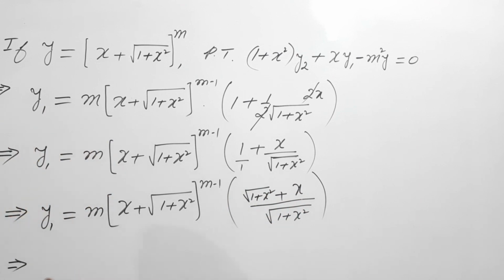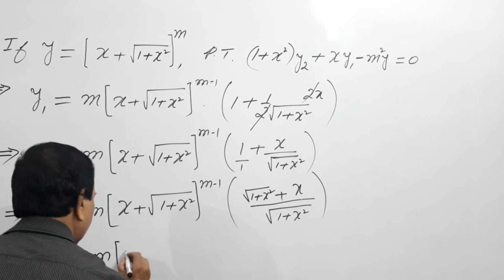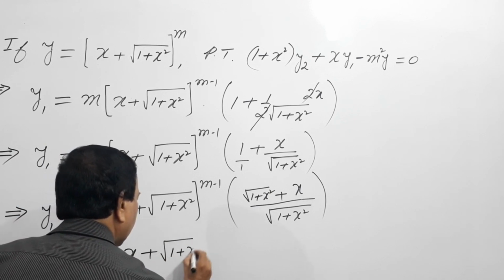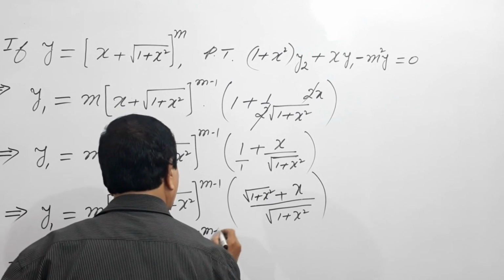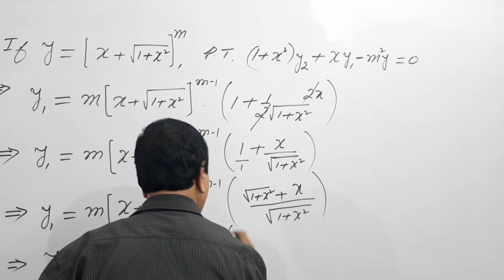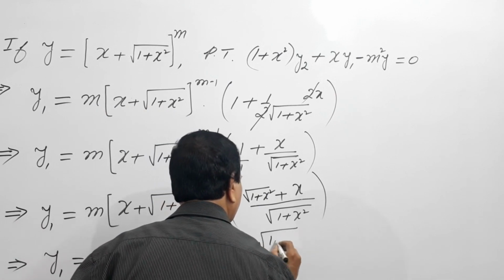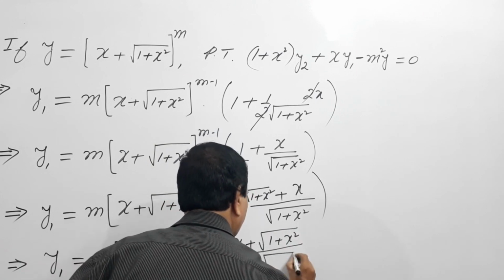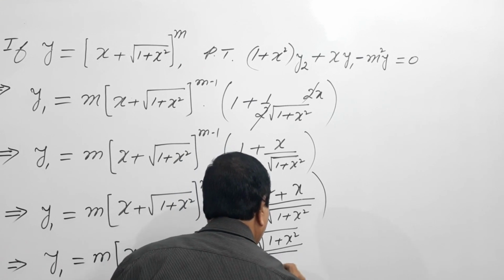So by rearranging, what happens here? y1 equals m into x plus under the root 1 plus x square, m minus 1, into x plus under the root 1 plus x square by one plus.